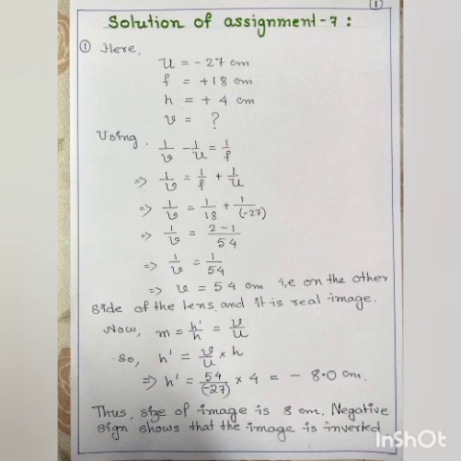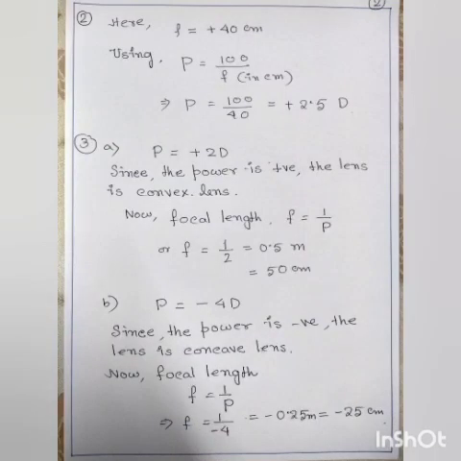See here, v is plus 54, u is minus 27 and h is plus 4. So h prime we will get is minus 8 centimeter. Thus the size of the image is 8 centimeter, and the negative sign shows that the image is inverted, that means downward to the principal axis.